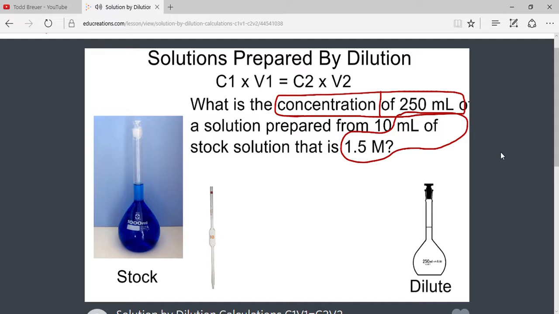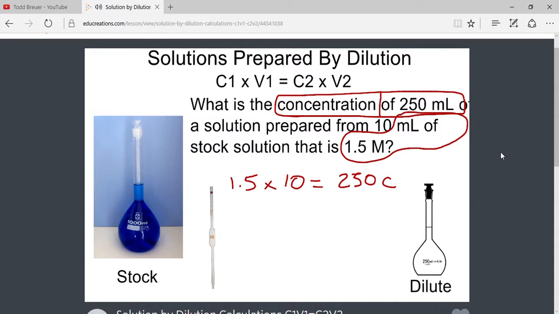Therefore, we have a C1 and a V1, C1 being concentration of 1.5 molar, V1 being 10 milliliters. That would be equal to the new concentration, which we will leave as C, and the new volume of 250. Therefore, we arrive with 250 times C.